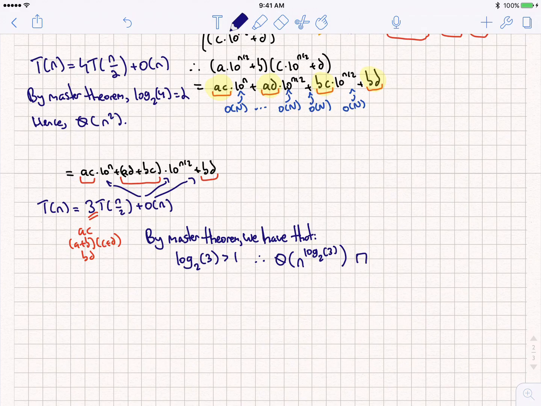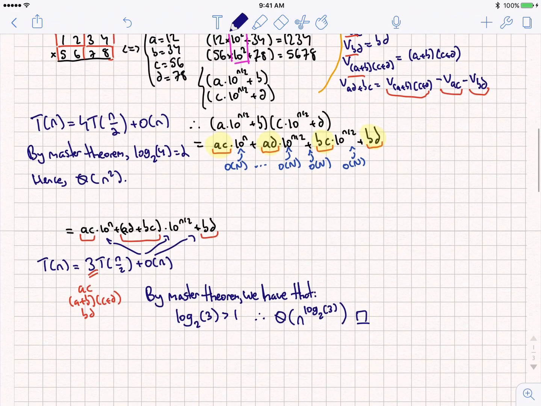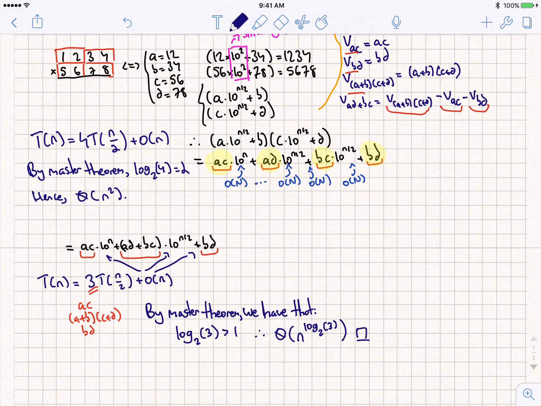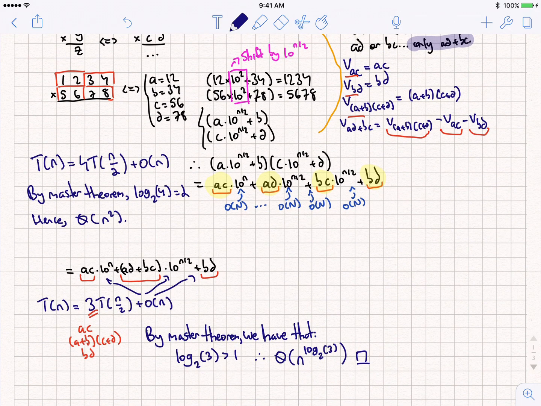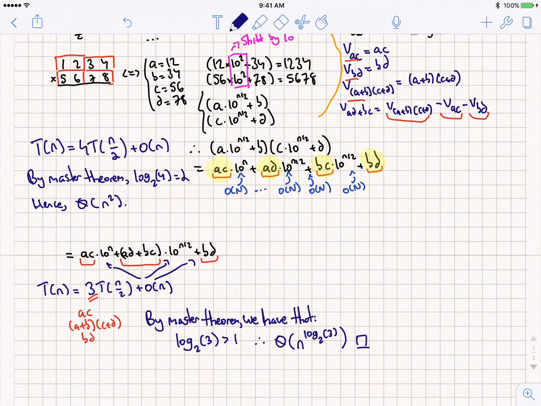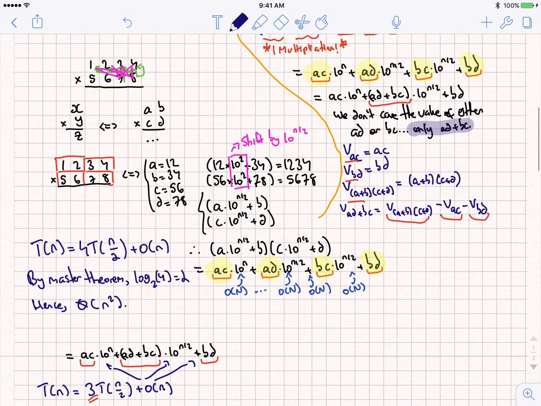And we're done, because this is faster than what we had before. So essentially the way the algorithm works is we decompose it into smaller numbers. We divide it into those AC, A plus B times C plus D, and BD. And then using those results, we calculate the larger number.